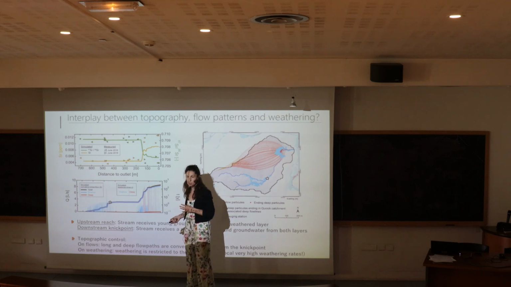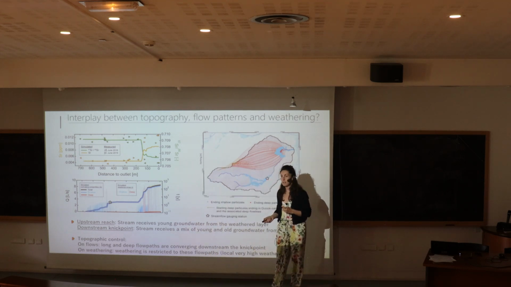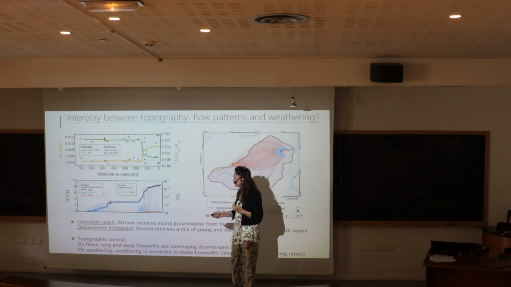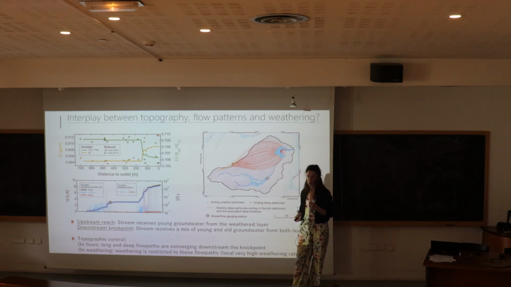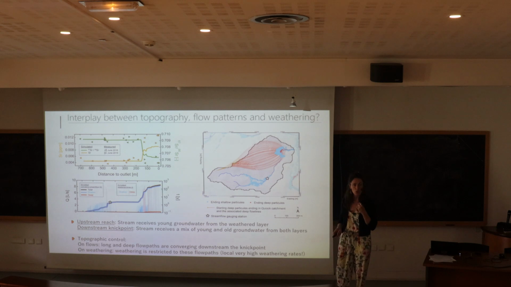And here come the red bars. The size of the bar is related to the residence time, which means that the water in the upstream reach is young groundwater, and the stream in the upper part of the catchment receives only young groundwater, which, as you see here, is about 1 year.